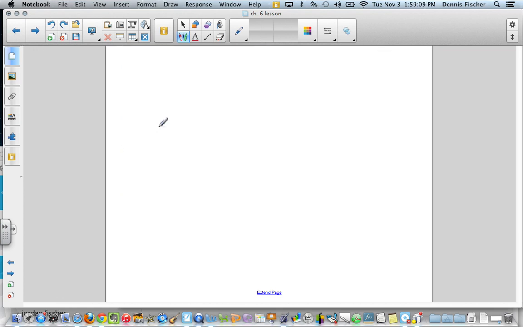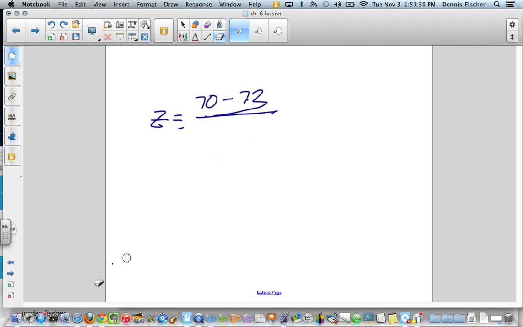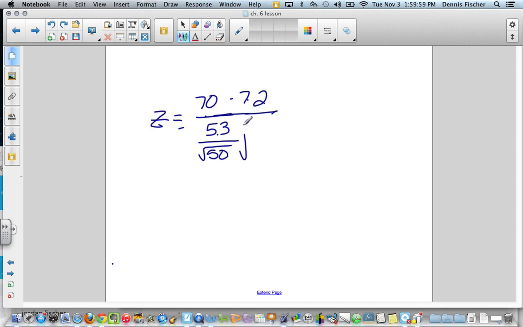If I was writing this out, I'm going to get my z-score first. On top, I want x bar, which was 70, correct? 70 minus 72, that's the easy part, divided by 5.3 over the square root of 50 times the square root of capital N, which is 500, minus small n, divided by capital N minus 1, which is 500 minus 1.